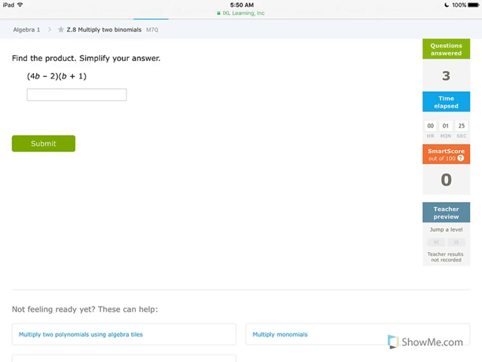And here's one more example. So 4b, we need to distribute that in. So 4b times the b is going to get you 4b squared. Let's clean that up a little bit. 4b times the 1, that's going to get you 4b. And let's distribute the negative 2. So negative 2 times b should get you negative 2b.